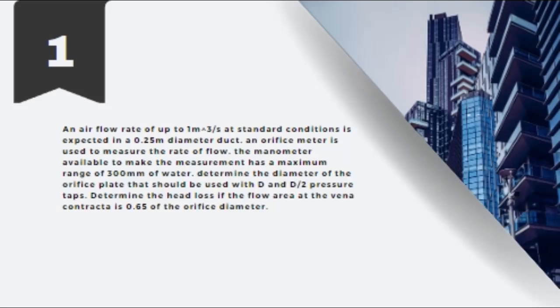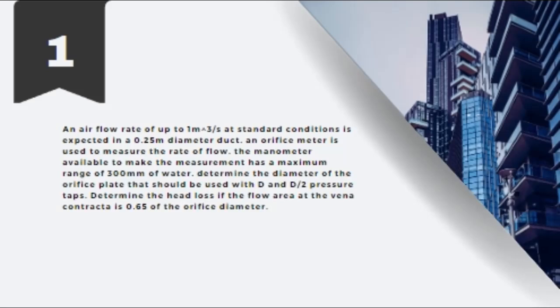So question number 1: an airflow rate up to 1 meter cubed per second at standard condition is expected in a 0.25 meter diameter duct, and an orifice meter is used to measure the rate of flow.